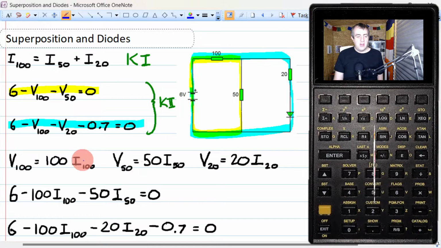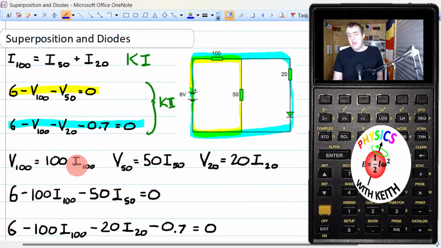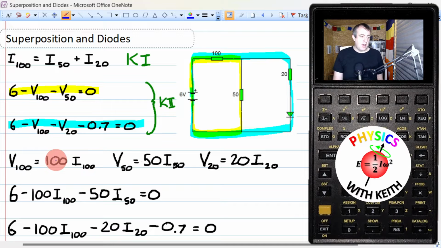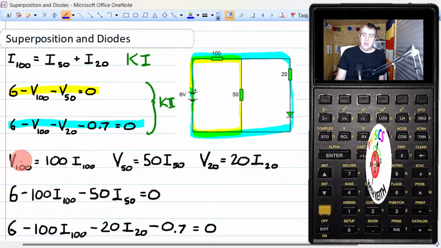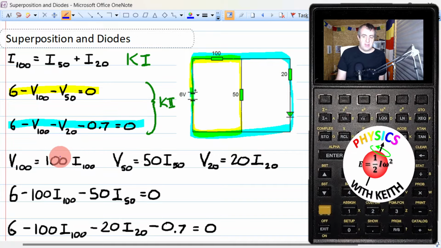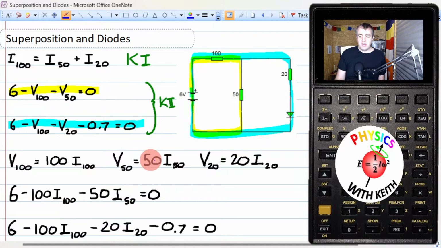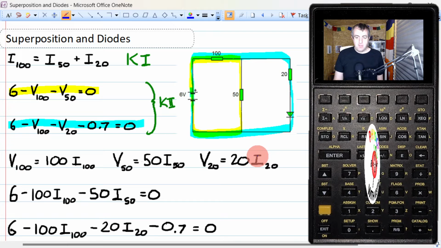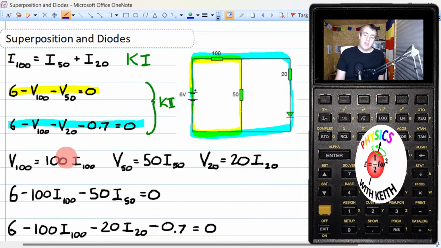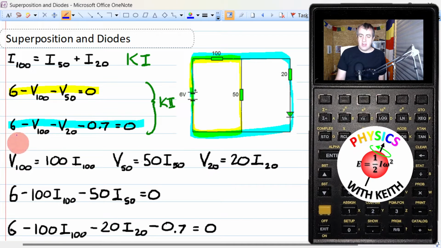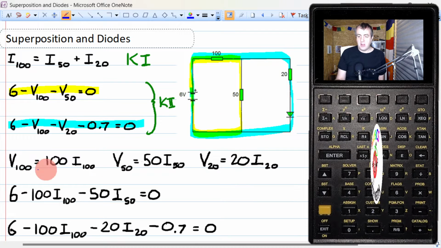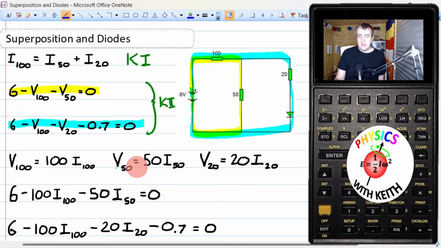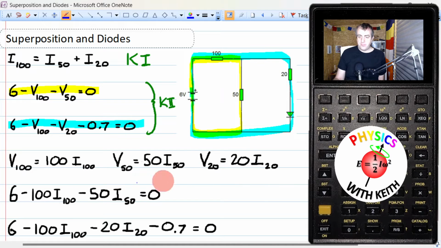So the resistance of the 100 ohm resistor is 100 ohms, the current through it is I100, and so V100 must equal this. We can do the same thing with the 50 ohm resistor, same thing with the 20 ohm resistor. And then, well, this actually is it. These are the 1, 2, 3, 4, 5, 6 simultaneous equations we're going to look at with 6 unknowns.